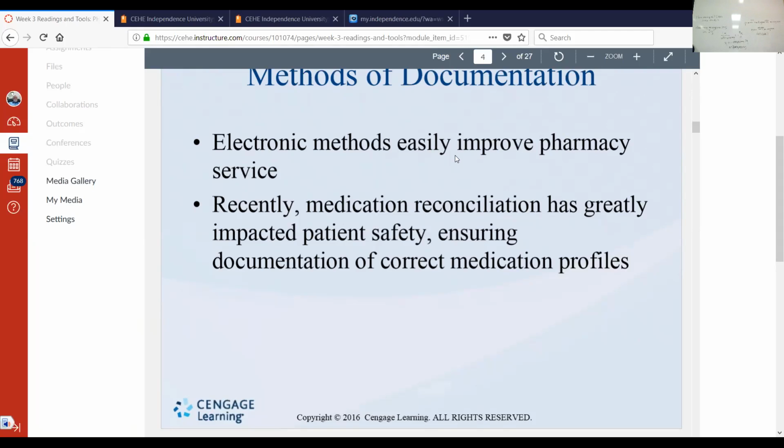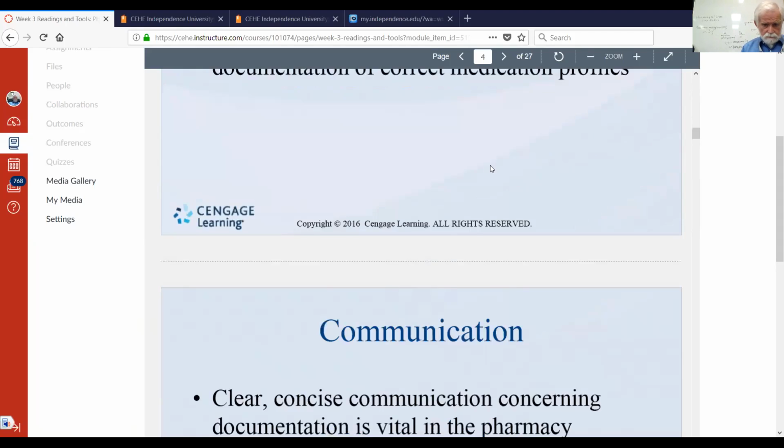So they can't afford it. So we have yet to see the full implementation of electronic health records. One of the certifications that we offer here, of course, is EHR specialist. And it's actually a pretty good one to have.